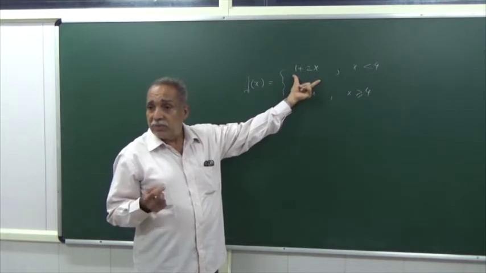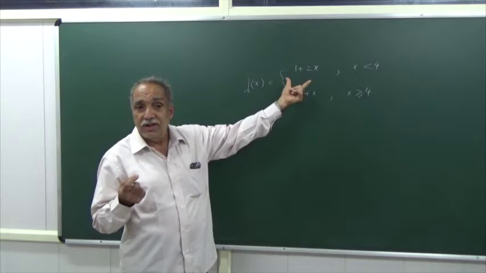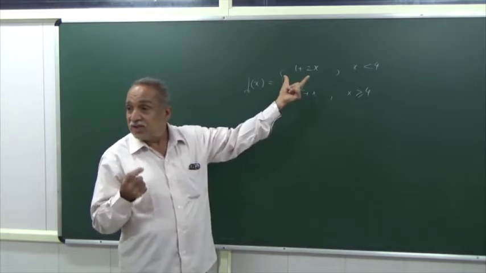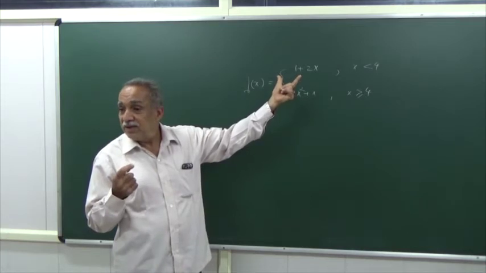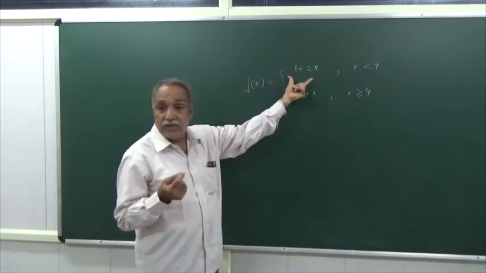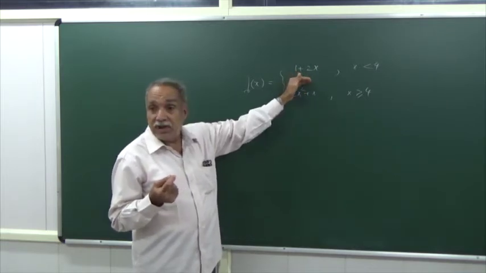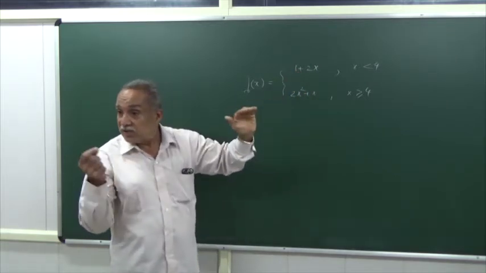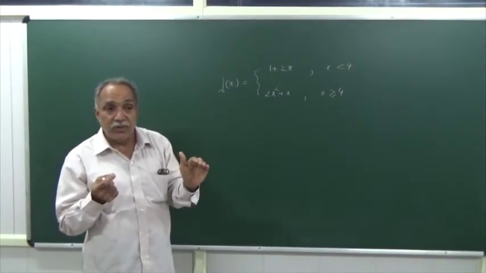Yes, 1 plus 2x also will be less than what? When x is less than 4, 2x will be less than 8, and this whole thing will be less than 9. That means applying this formula, every value that is less than 9 is obtainable as function value.